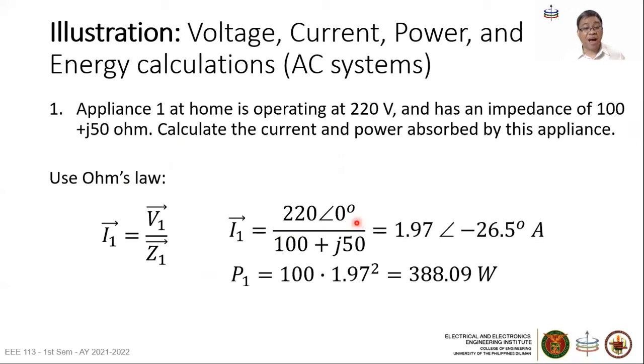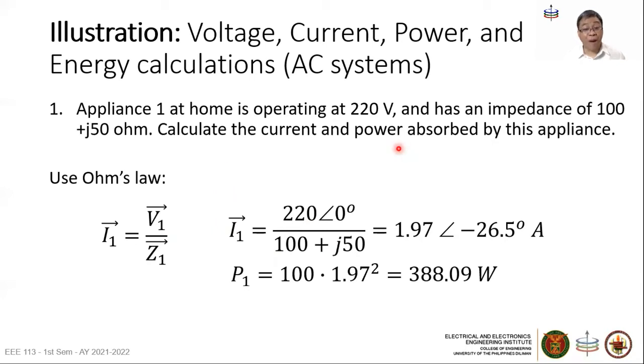We divide it by the impedance, 100 + j50. If we do the maths, we can solve it to be 1.97 angle -26.5° amperes. So this is the current drawn by appliance 1.